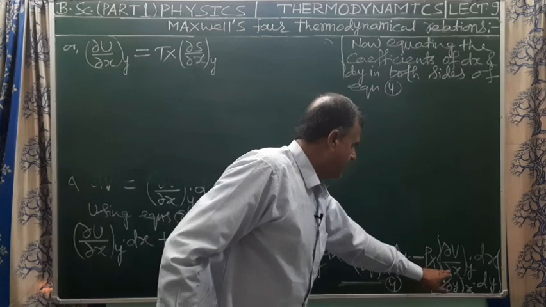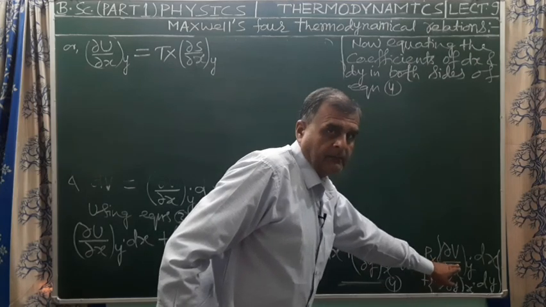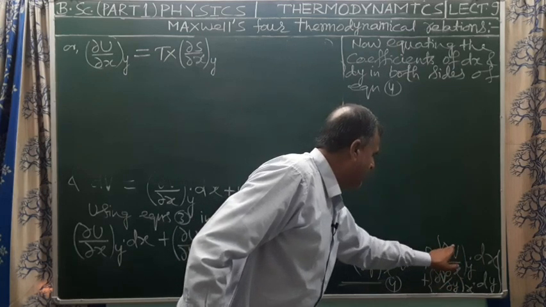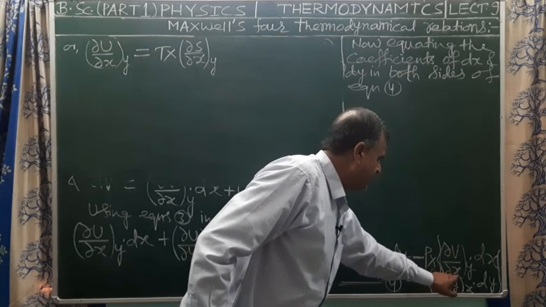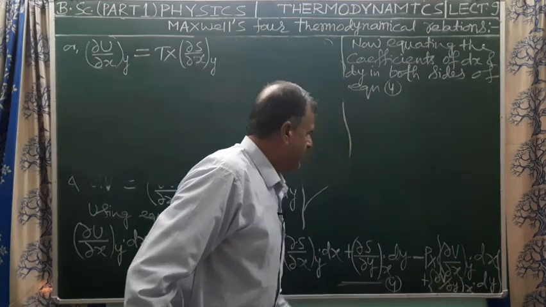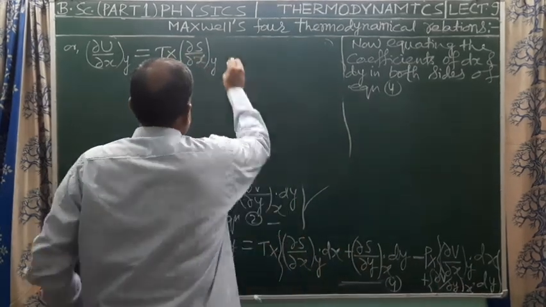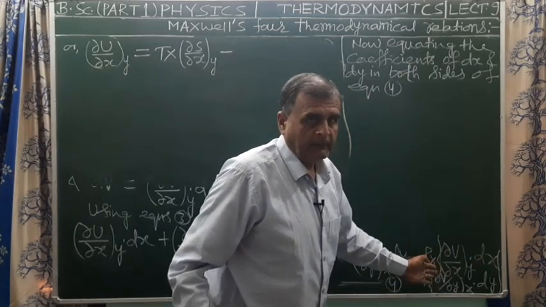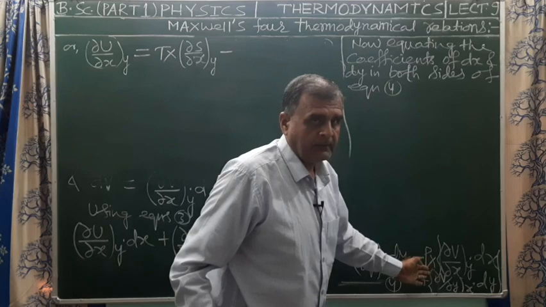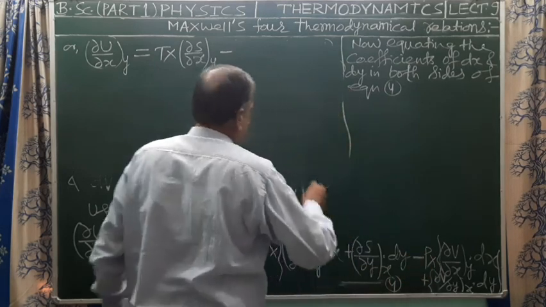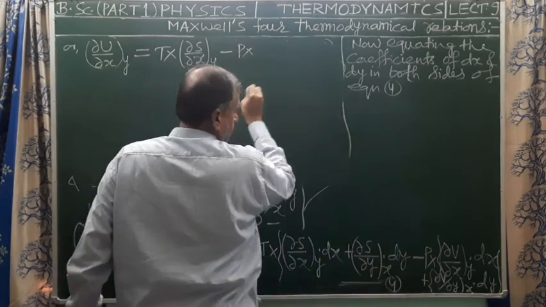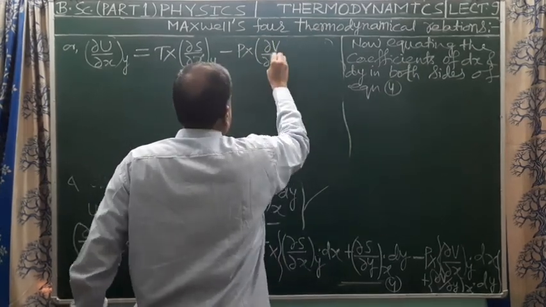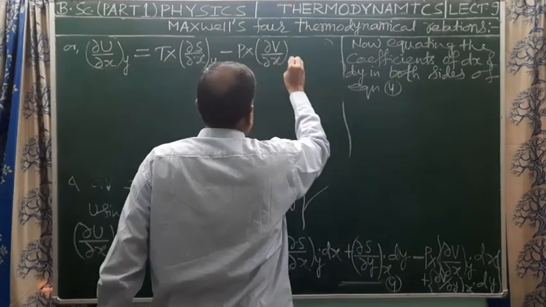Another term, in the second bracket, the coefficient of dx is minus p multiplied by del v upon del x at constant y.